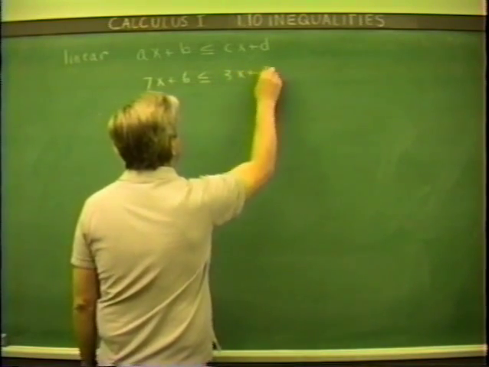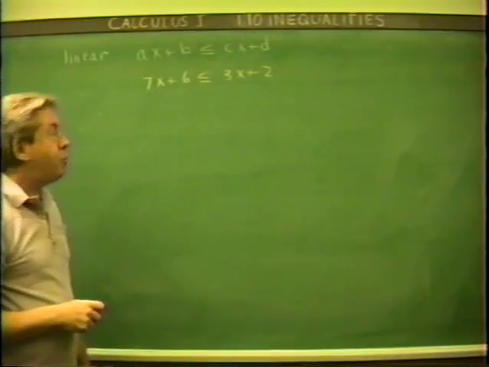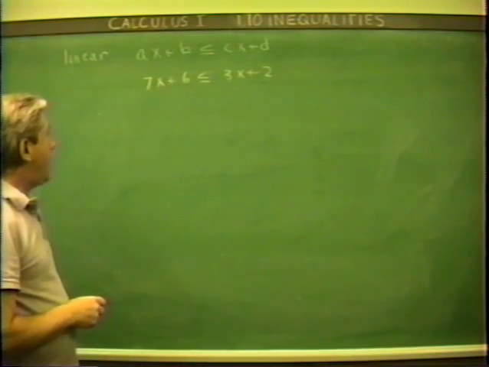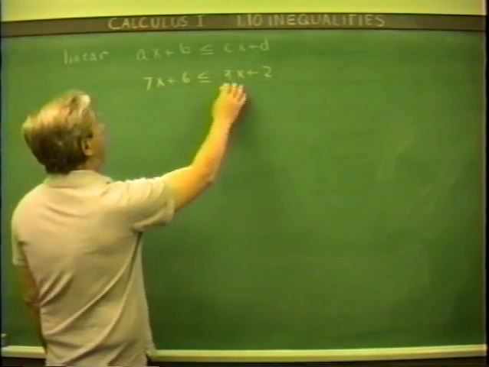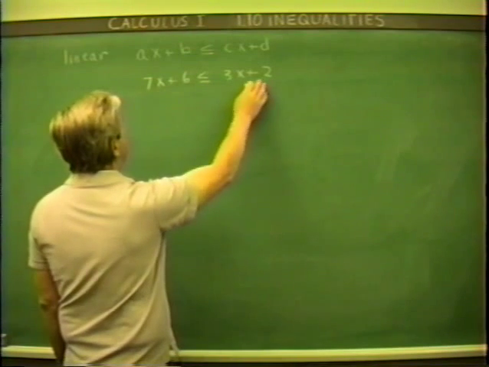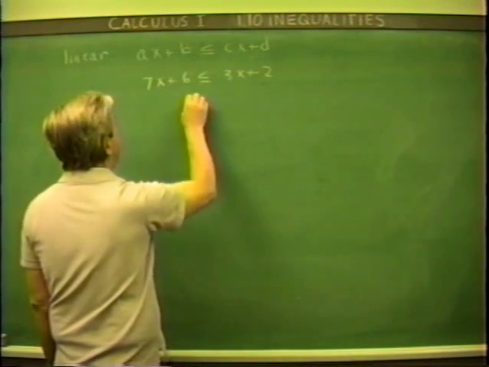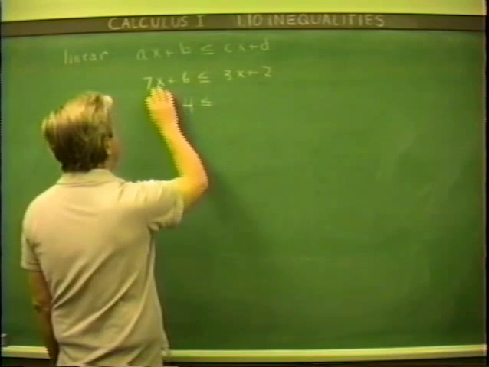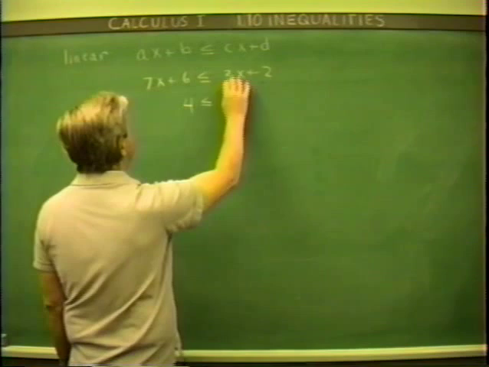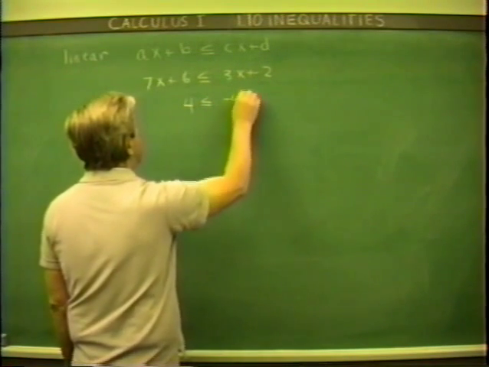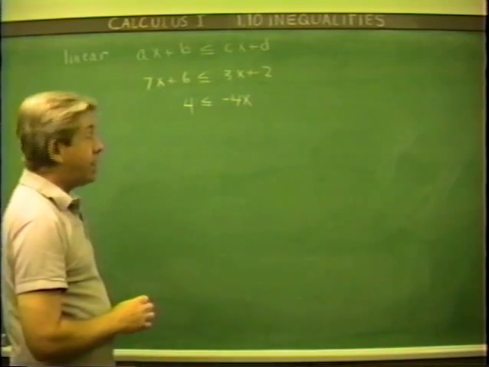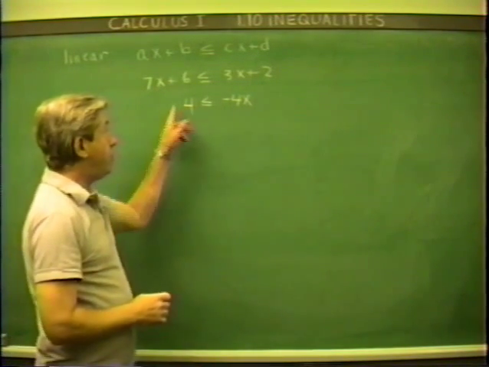So that, for example, 7x plus 6 is less than or equal to 3x plus 2. The way to solve this is the same way in which you would solve an equation. That's to say, bring the x's to one side and the numbers to the other. So if we subtract 2 from both sides here, we get 4 less than or equal to... if we subtract 7x from both sides here, we get minus 4x.